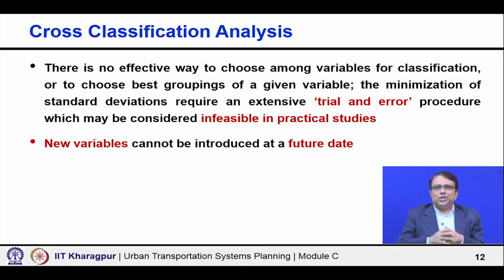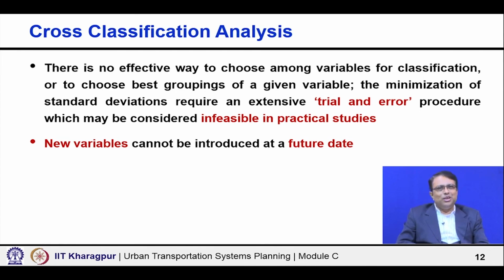It is difficult to say. Last but not the least, new variables cannot be introduced at a future date. If you have considered only income and car ownership, then in the future also it has to be only income and car ownership. You cannot say that you will consider another variable. Those are the advantages and disadvantages.